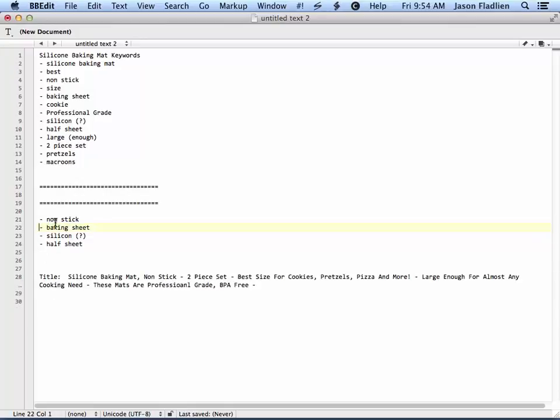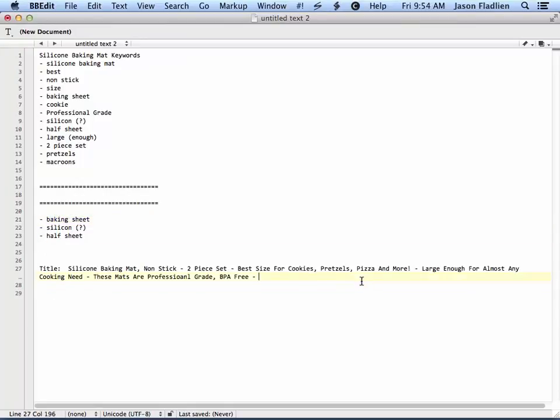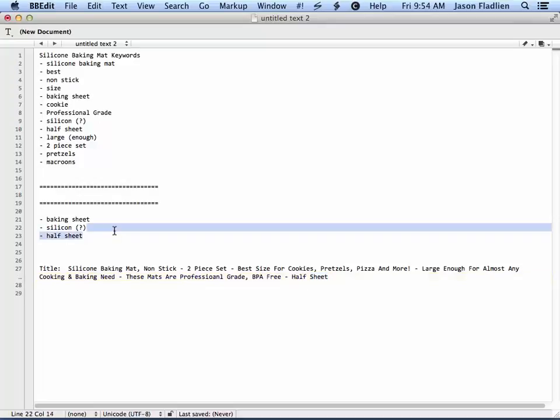We got size already, and we got non-stick. So let's see if we can do any of these other ones. Okay, I got it. We'll sneak it in. Unlike Google, if baking is here and sheet is over here, it still works. It doesn't have to be next to each other necessarily in the title.